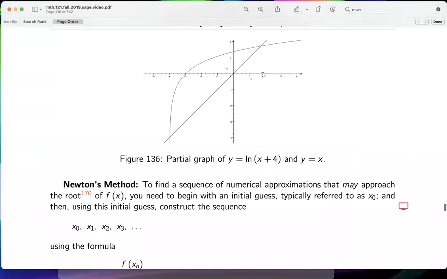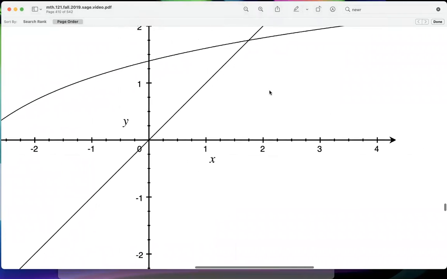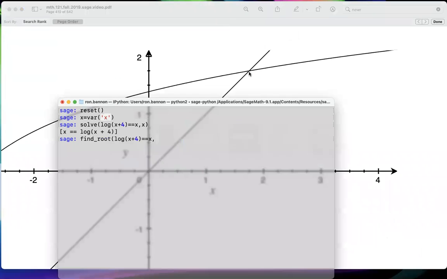I also want to point out, for the students that have a hard time seeing things, you can blow stuff up. And this scales nicely. I'm just using my mouse to blow it up. So I'm going to say my solution is between 1 and 2. I'm hoping I remember that right. There you go. So what it said the solution is 1.74.